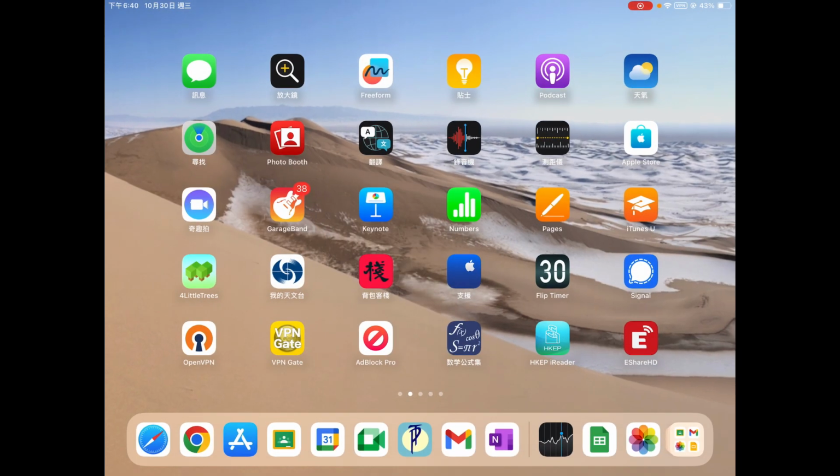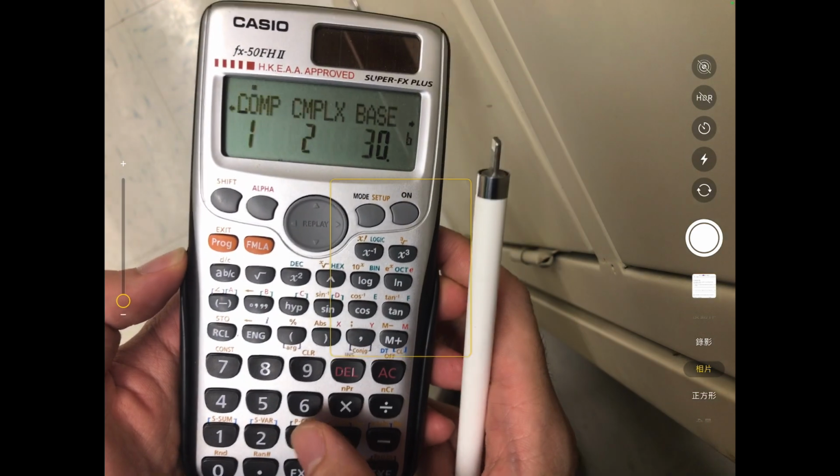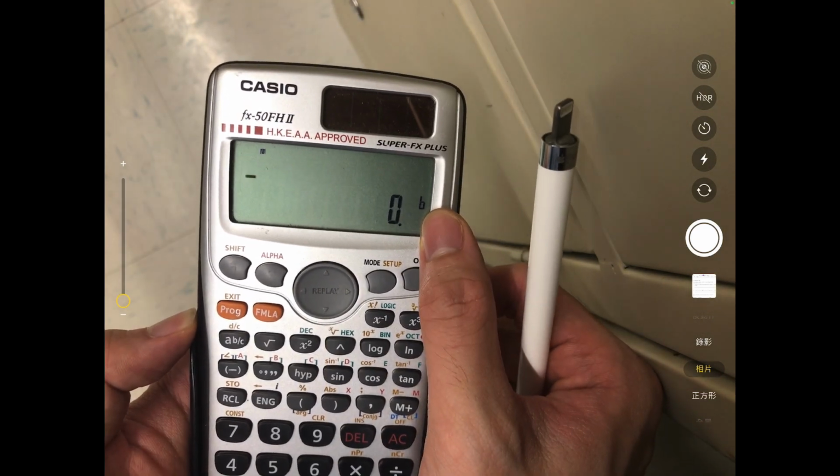So let me just show you how to work out the conversion. So mode and then 3, and be careful, this is in binary now.